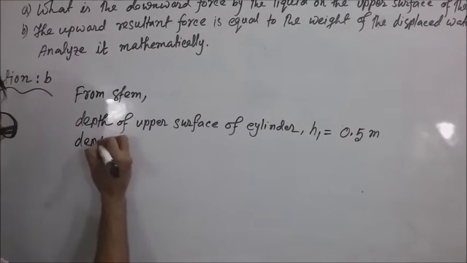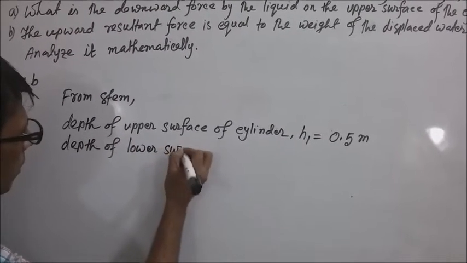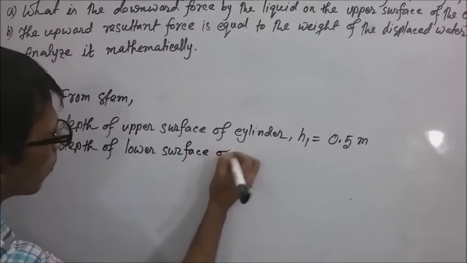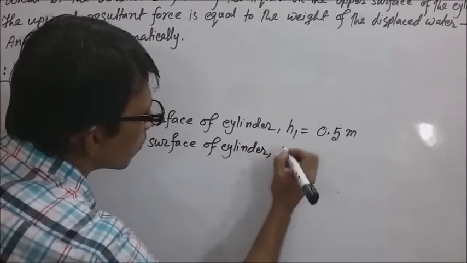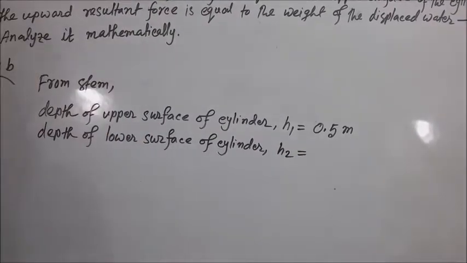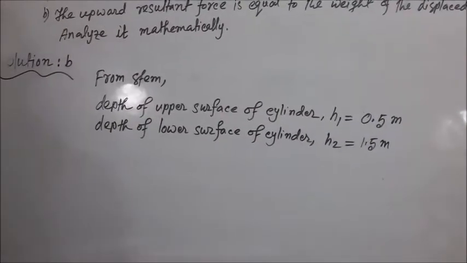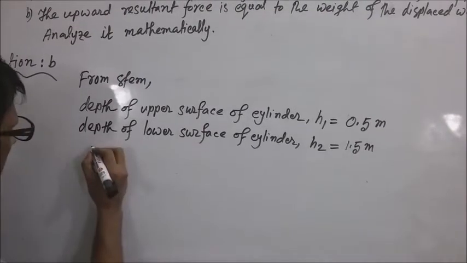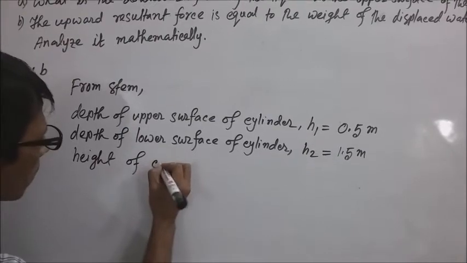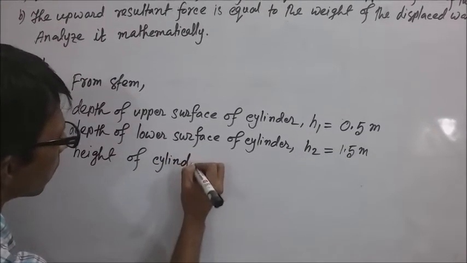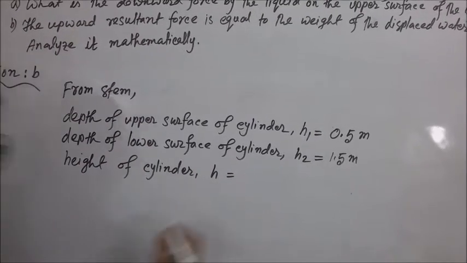Depth of lower surface of cylinder is equal to 1.5 meter. Height of cylinder is equal to 1 meter.